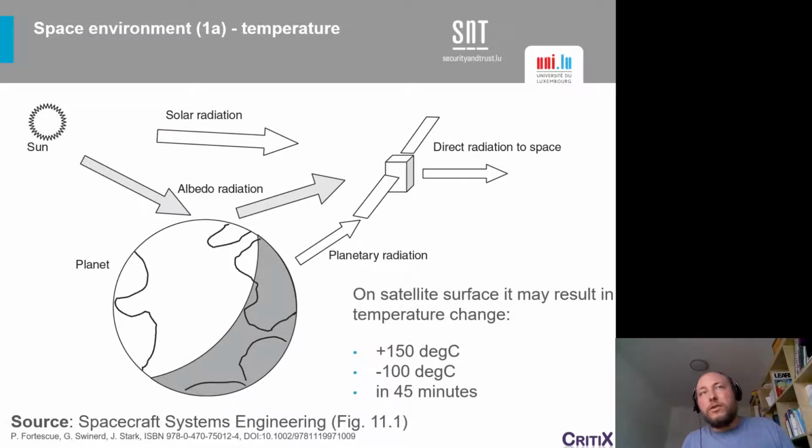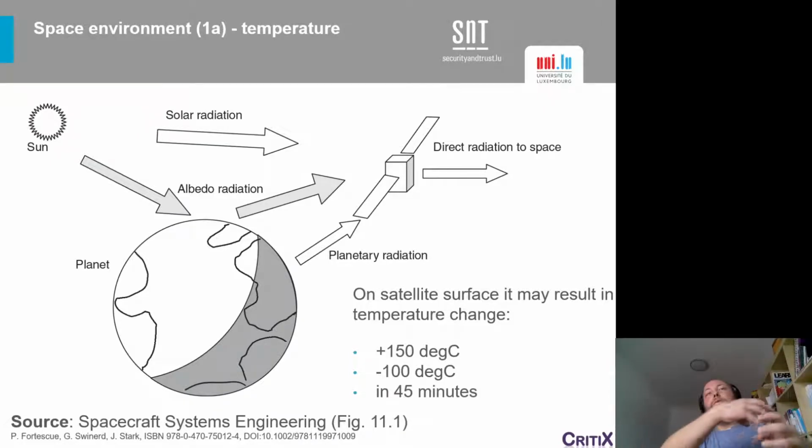But average is not enough. The particular temperatures of different surfaces of a satellite will be different. The ones which are sunlit can be 150 degrees Celsius plus. The ones which will be turned into deep space are going to be minus 100 easily. And obviously, the satellite is also being eclipsed.